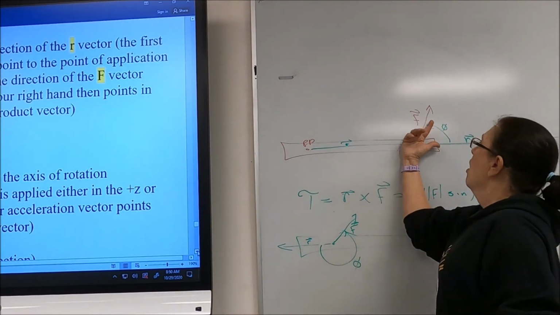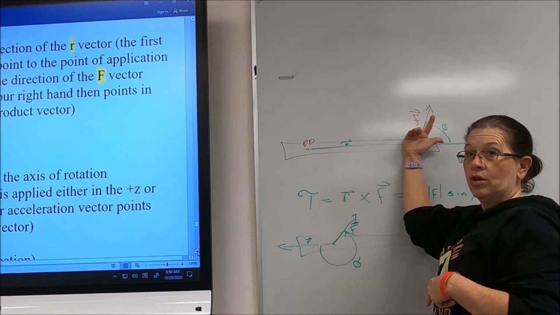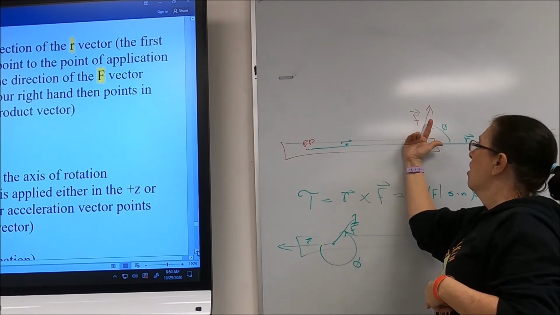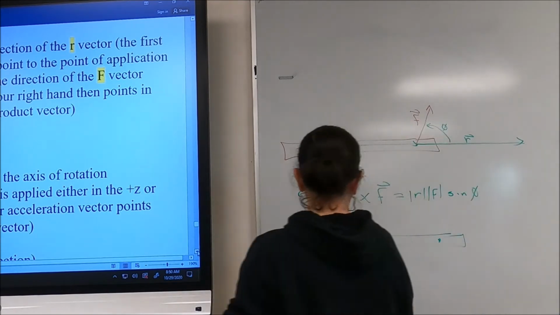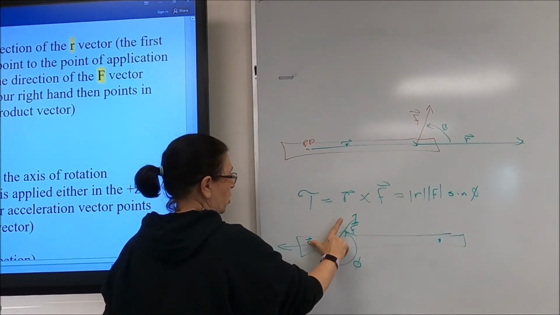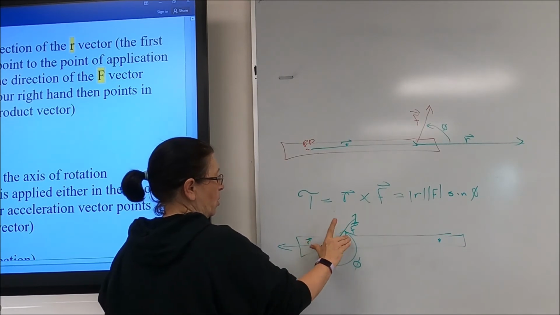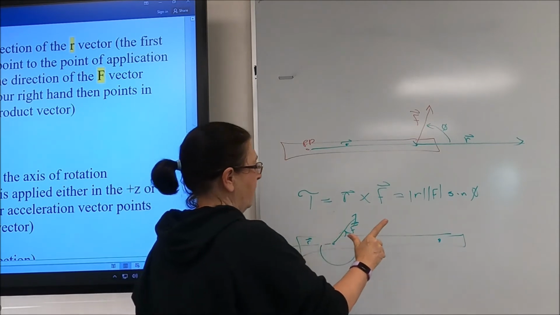So if I do R cross F here, this vector is going to come out of the board. Okay? If I do R cross F here, I get something going into the board.